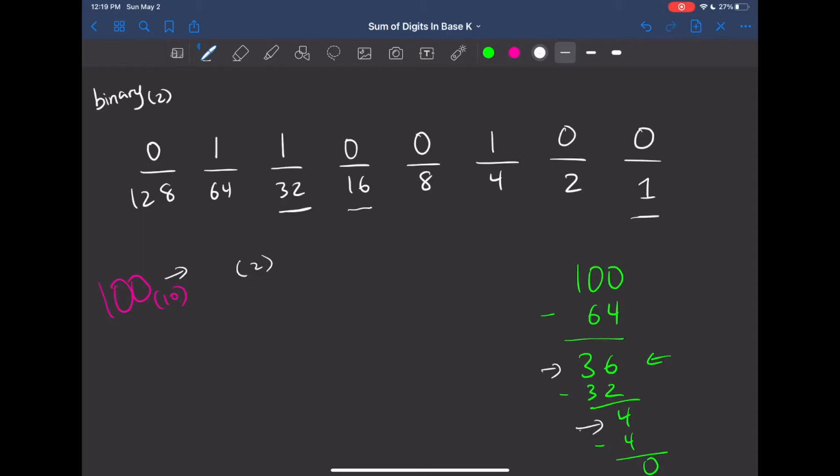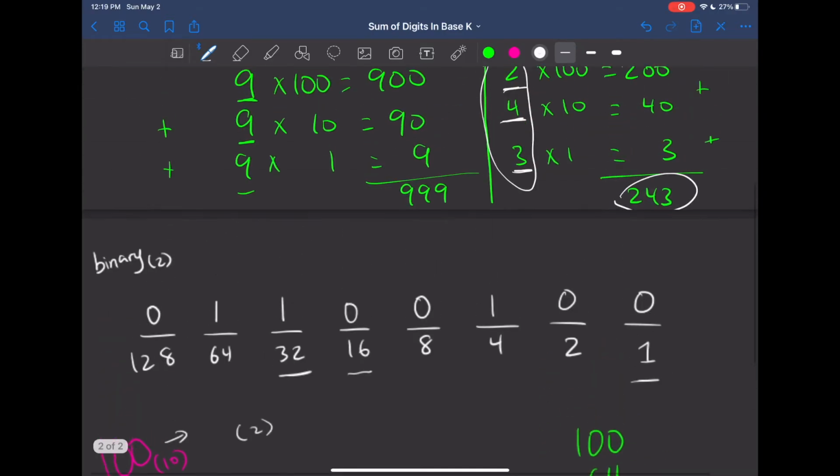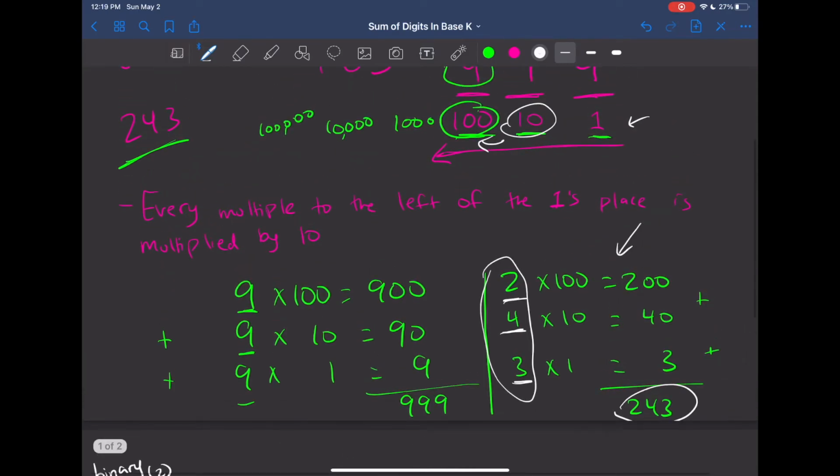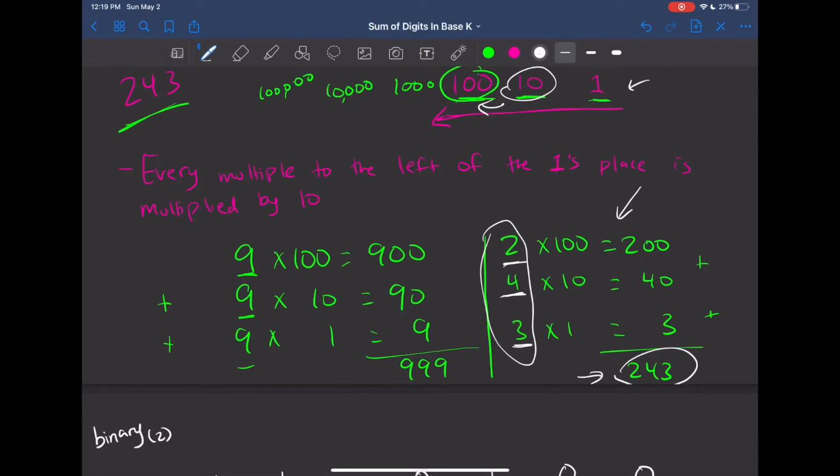And to double check that we converted this number properly into a binary number, we could do the same thing that we did here, where we multiply each placeholder by its multiplier and add it all together to see if we get the proper decimal number.